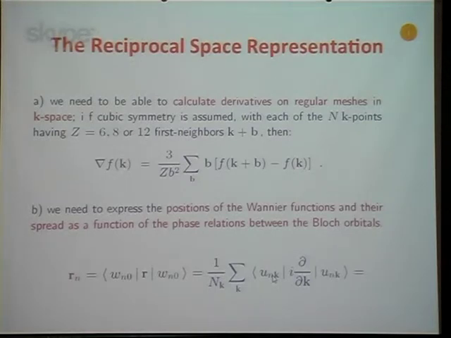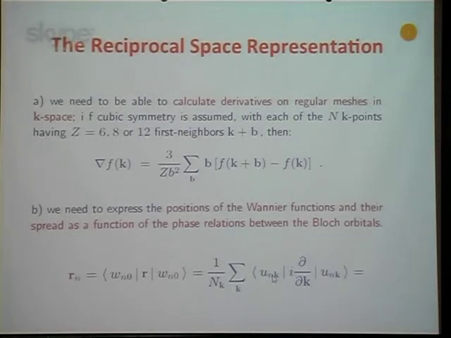I can sit at a certain point k, and I can look at the k points in my neighborhood. Suppose that you are using an FCC lattice. An FCC lattice in reciprocal space is a BCC lattice. So on a regular mesh of k points in reciprocal space, every k point in your Monkhorst-Pack mesh will have 8 neighbors, and those little b vectors go from myself, the k point where I want to calculate the gradient, to all my 8 neighbors.